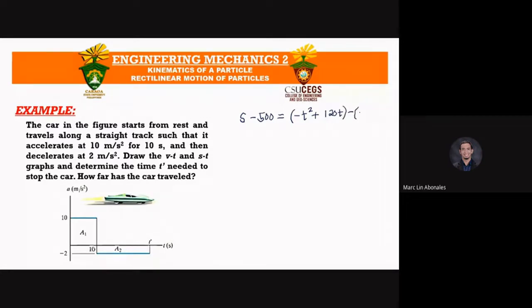So negative 10 squared plus 120t. Then you simplify S minus 500.